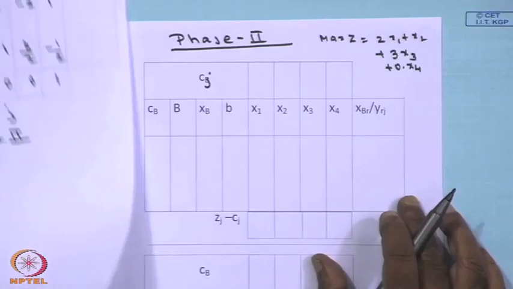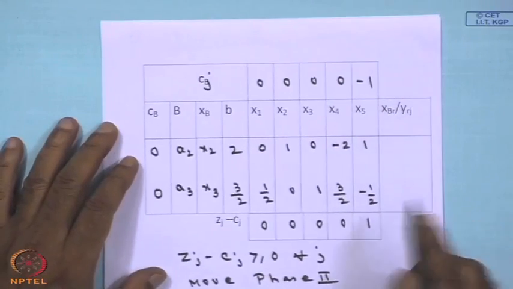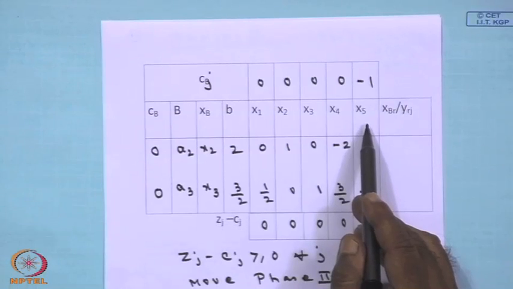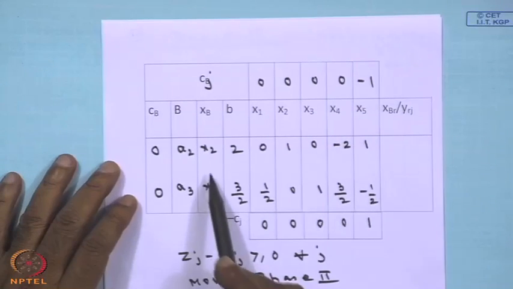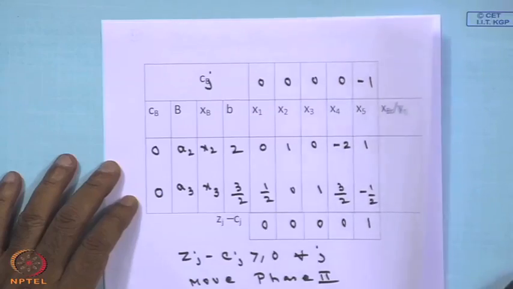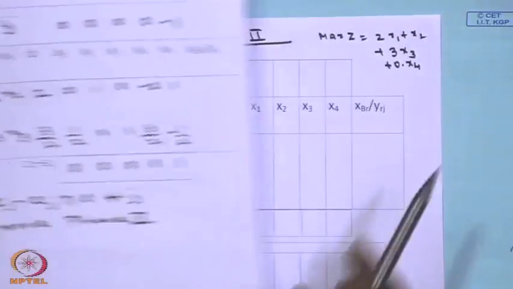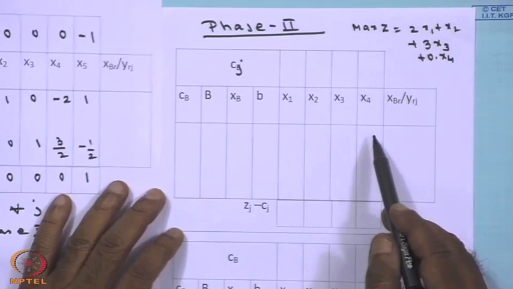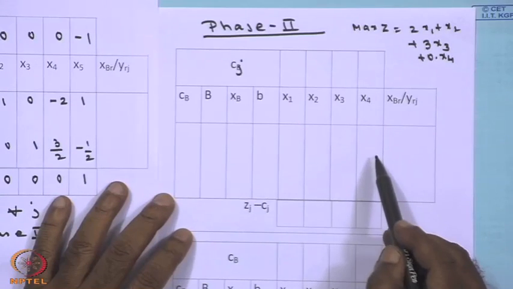Here one more thing you should note, that in the last table you had 5 variables including the artificial variable x5. In this one, since x5 is not present in the basis, in the first iterative table of phase 2 I have dropped that column for the artificial variable, since it is not necessary.